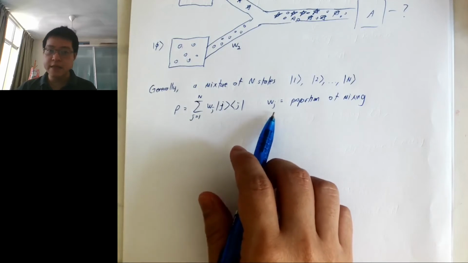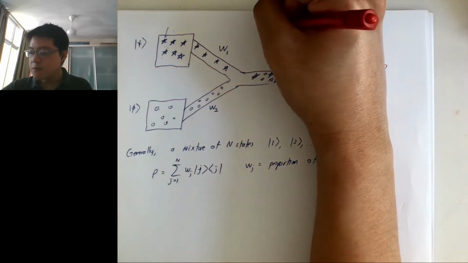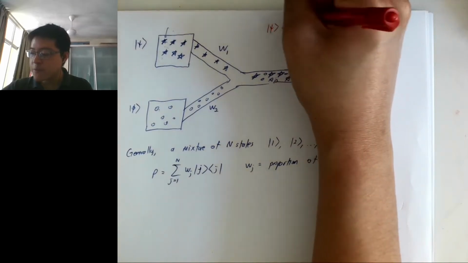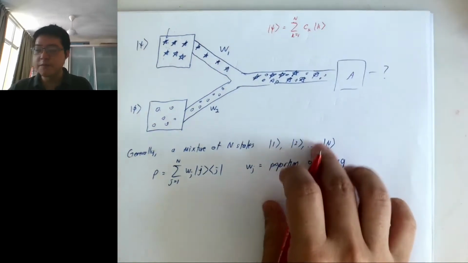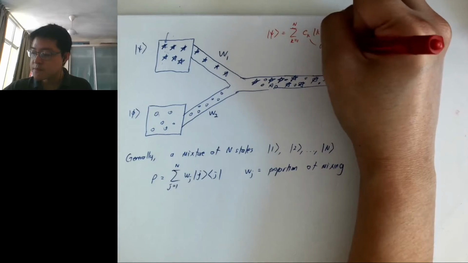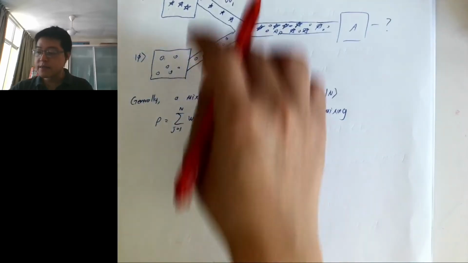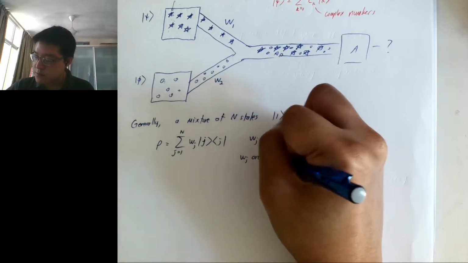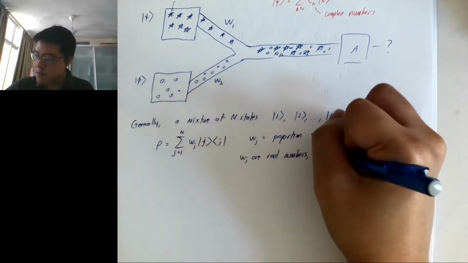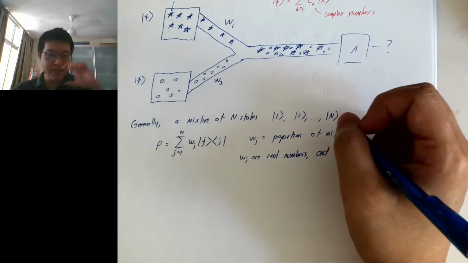Now the thing to realize about the w is we unlearn something we learned last time. When we were doing pure states, so we are summing over k from 1 to n, let's say c_k, and then whatever basis you are using, right? So for pure states, these are complex numbers. But right now what we are doing is the ordinary statistical mixing. So now they are actually real numbers. So w_j are real numbers, and of course they're real numbers, and this is like the statistics. I keep referring back to that because it's basically the same thing over here.